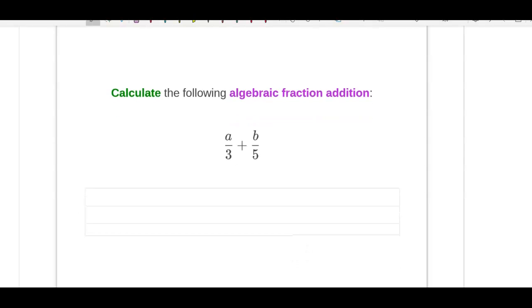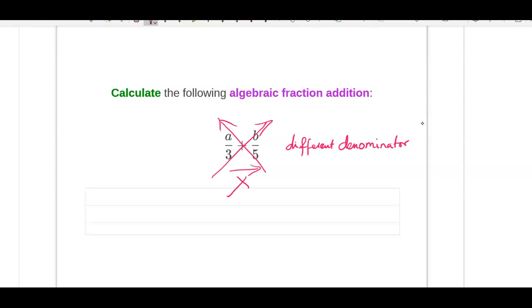That's easy. Same base. Sorry, it's no longer different denominator. This is the time you cross multiply, and these two multiply. These are all multiply, although there is a plus sign in between.